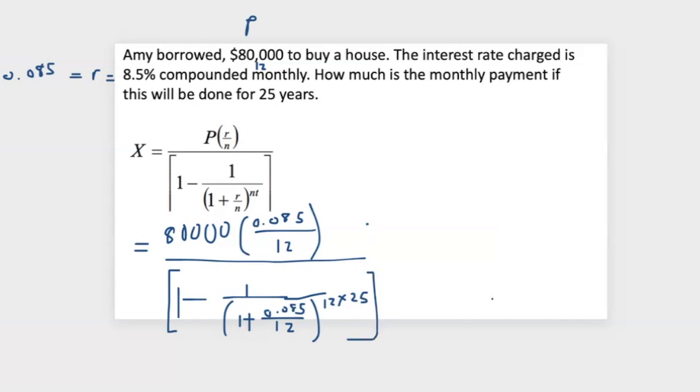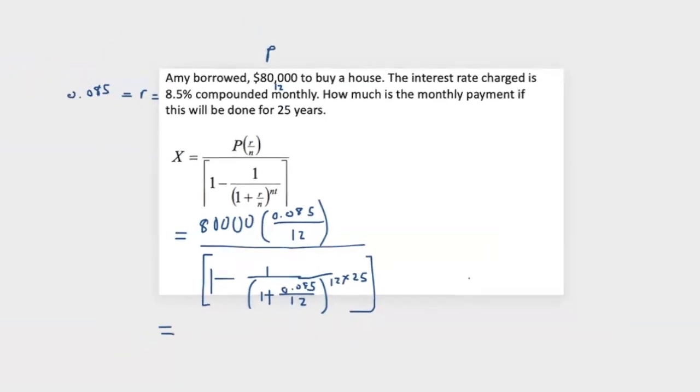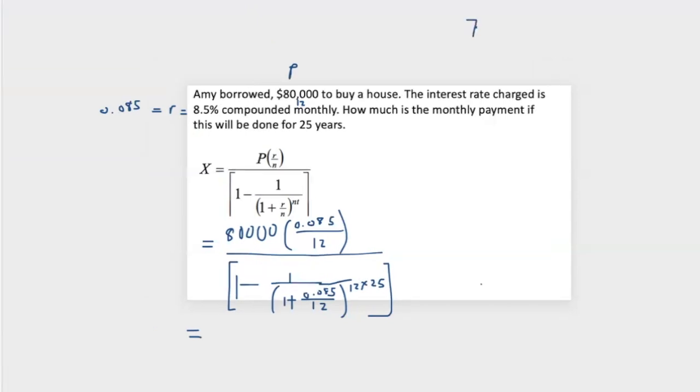So when working this out, let's look at the numerator. We have 0.085 and divide it by 12. And I'm going to round it off. So some calculators, if you look on your calculator, give you standard form, which is mine, 7.083333 times 10.